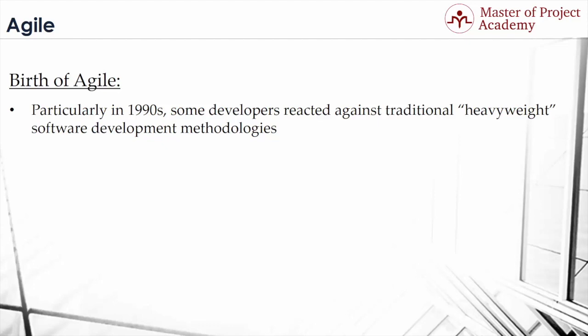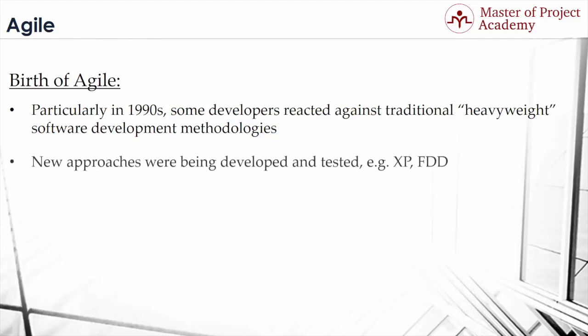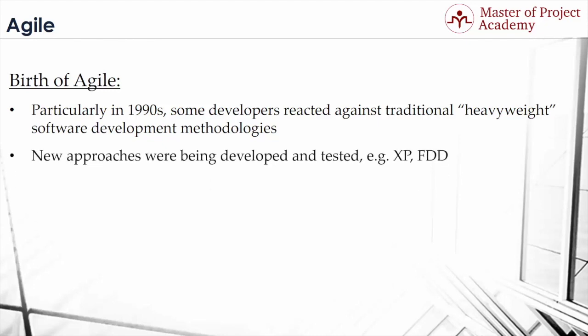Conventional project management methodologies like waterfall methodology were not enabling this flexibility, and each change was causing lots of rework and loss of time. New approaches were being developed and tested, like extreme programming, which is abbreviated as XP, or feature-driven development, which is abbreviated as FDD.